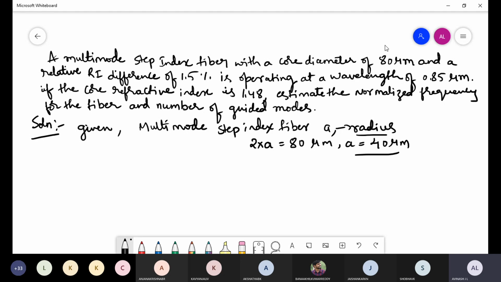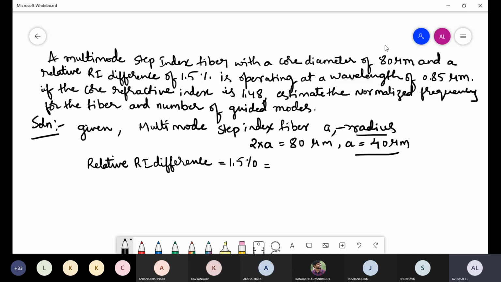Now the relative refractive index difference is given as 1.5%.